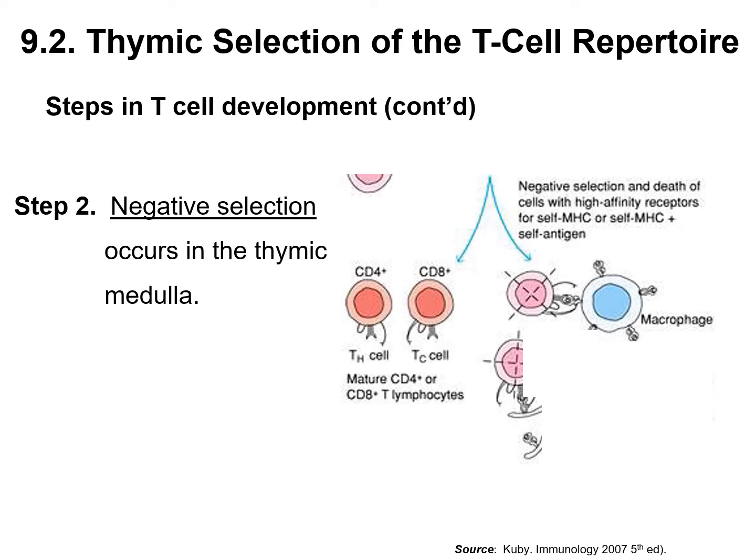This is when cells that are too reactive to self-MHC and self-MHC plus antigen are eliminated. Only those cells that do not have this property will survive, and they will become CD4 and CD8 cells. So T lymphocytes recognize the antigen only when there is the presence of an MHC molecule.